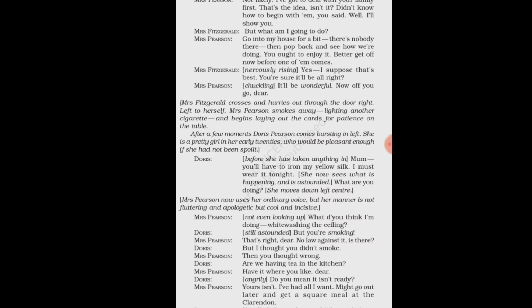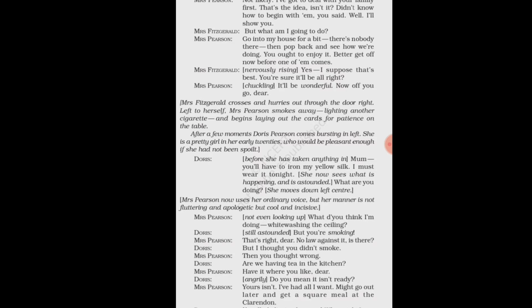So, Mrs. Person goes out, whereas Mrs. Fitzgerald sits across. Mrs. Person, who is now in Mrs. Fitzgerald's body, goes out through the door, and left to herself, she smokes, lighting another cigarette, and begins laying out the cards for patience on the table.